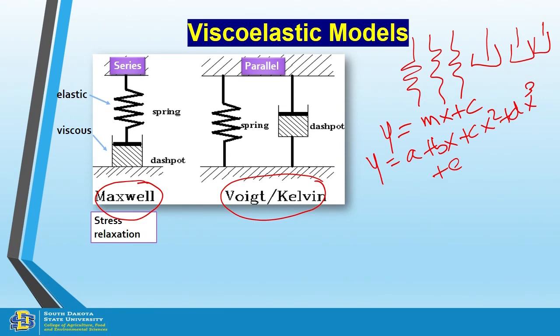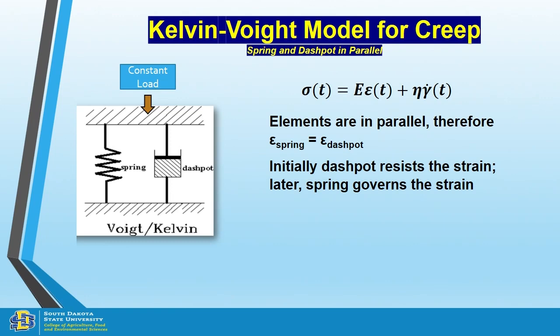In the parallel model, what happens is it's a creep behavior, where you apply a constant force and you follow the deformation. That's what is happening in the Kelvin-Voigt model, which is the creep behavior. So when they are in parallel, which is creep, you apply the constant load.